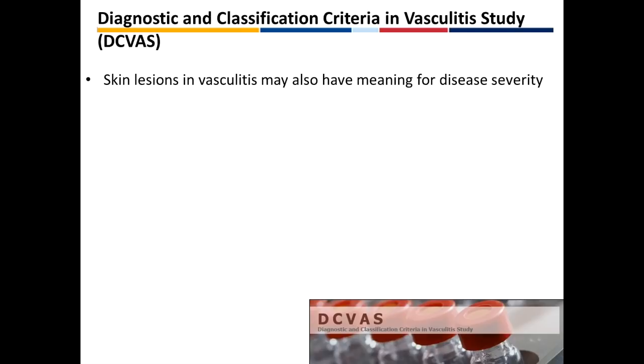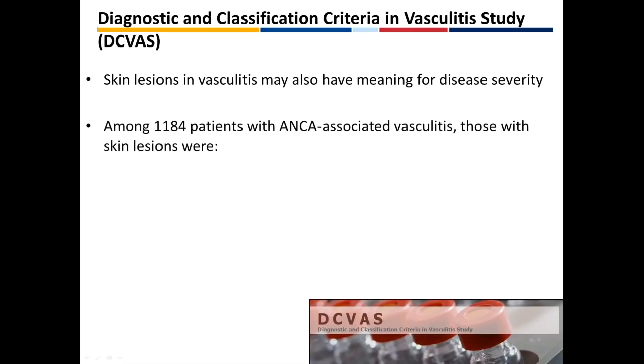And among those patients, those who had skin lesions of vasculitis were more likely to have systemic manifestations of disease, so vasculitis involving other organs. And in particular, patients with skin lesions were more likely to have severe manifestations like glomerulonephritis or kidney involvement, alveolar hemorrhage or lung involvement, or mononeuritis, which is nerve involvement.